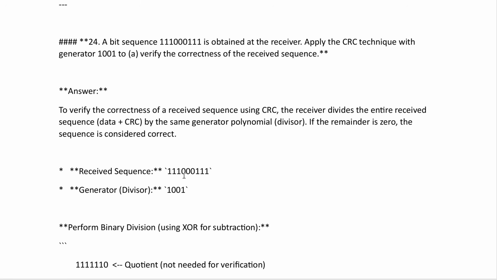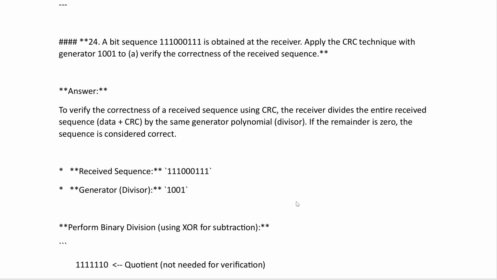We have to perform binary division. Always remember, binary division means using XOR for subtraction. Usually when you perform division, you do the subtraction operation, but in this case, in place of subtraction, we have to perform the XOR operation.